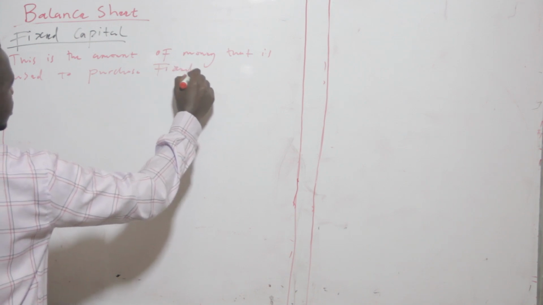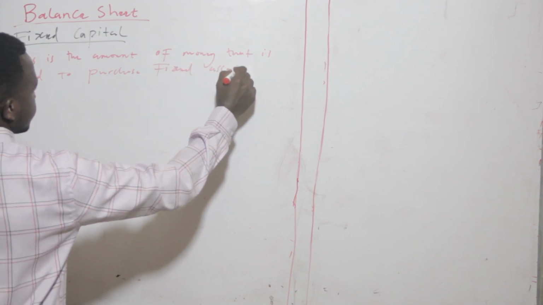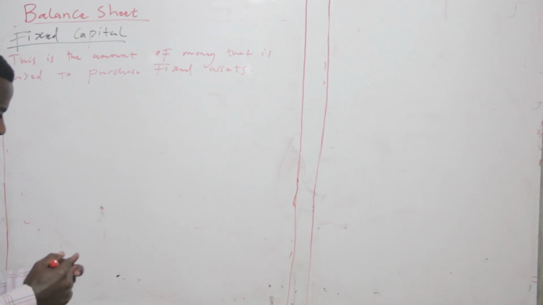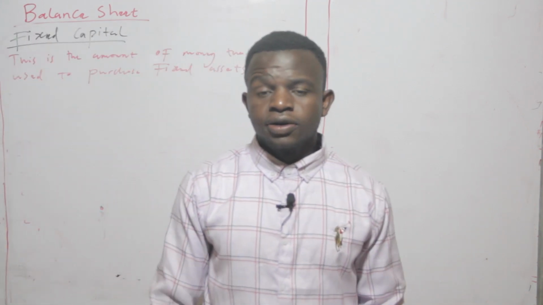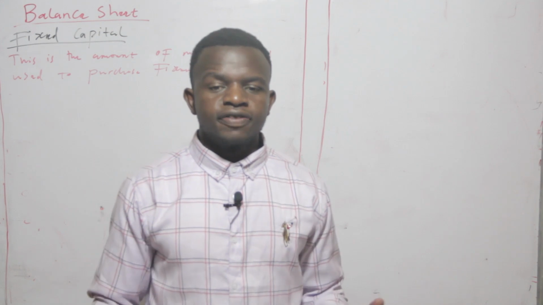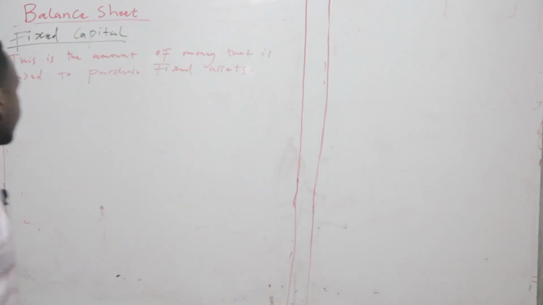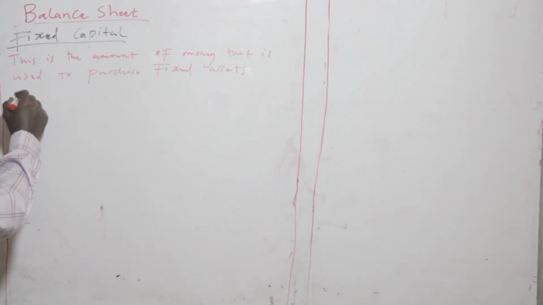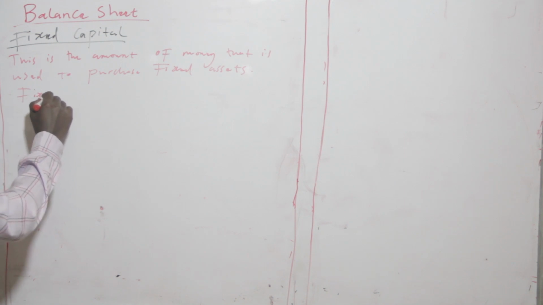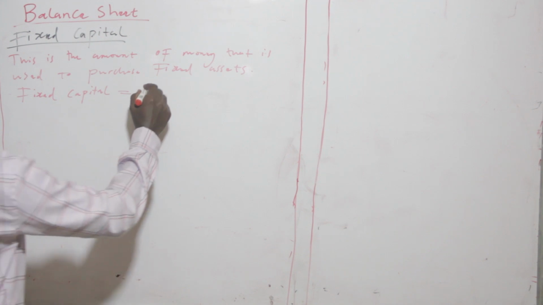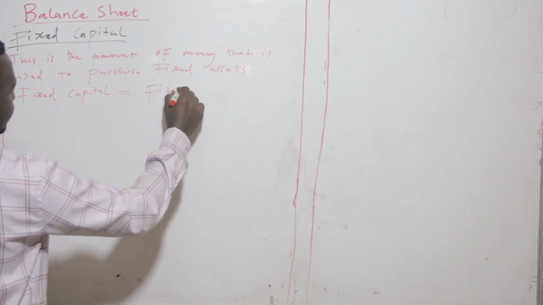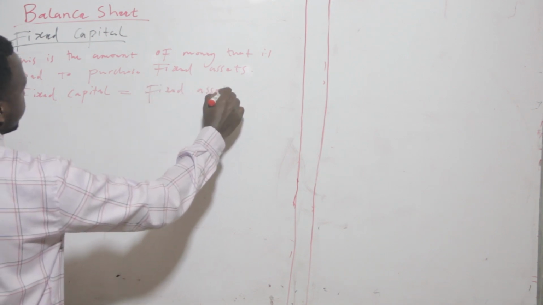And examples of fixed assets, we are having plant and machinery, building, land, motor vehicle, and furniture. So that's fixed capital, and fixed capital is equal to fixed assets. So that's the formula.